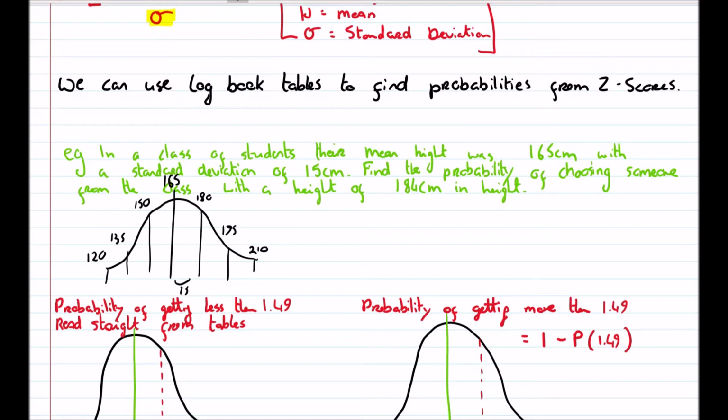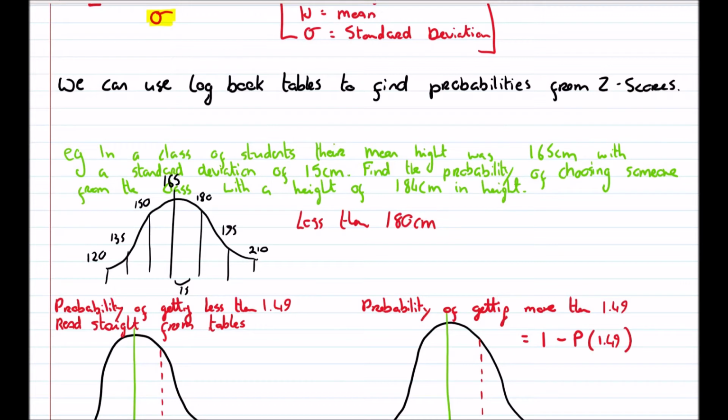Let's just say I wanted to find the probability of getting a person less than 180 centimeters. Okay, well, the probability of getting someone, I suppose, between 120 and 210 is almost everyone, so that will be a probability of 1.